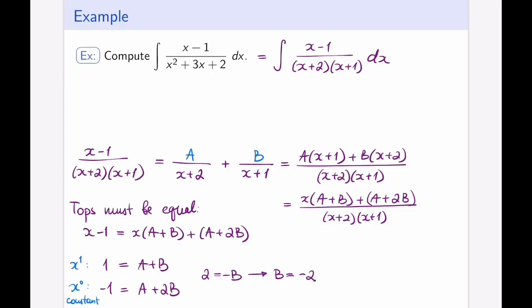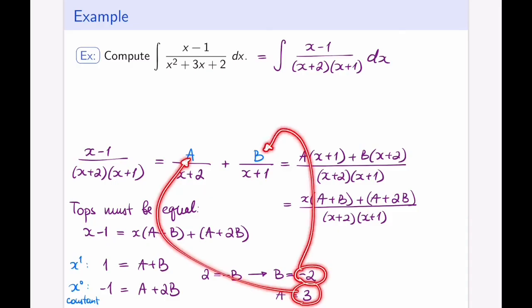And if I plug that back into one of the equations, I can calculate the value for a. a here will work out to be 3, which means that a is equal to 3 for this expression here, and b is equal to negative 2 for this expression right here.